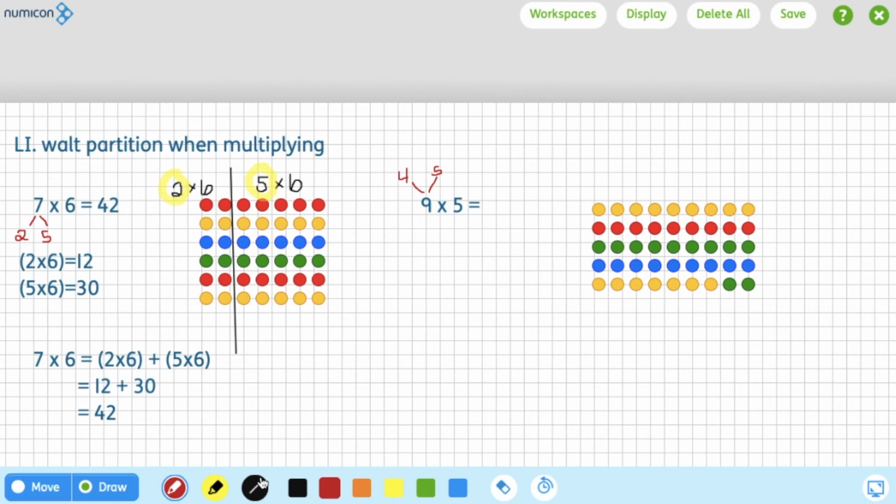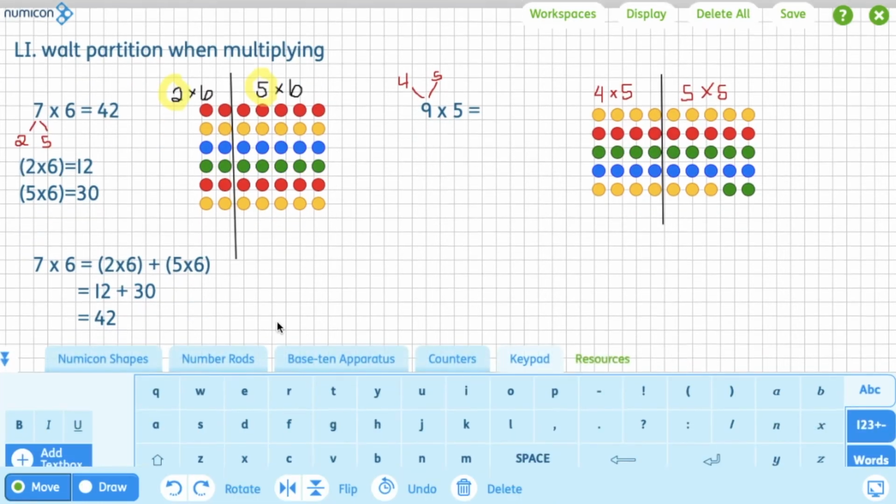So instead of having one great big long array up the top, I'm going to split it here so that on this side I have 4 times 5, and on this side I have 5 times 5, and if I figure out what each of them is and then add them together, I'm in business.